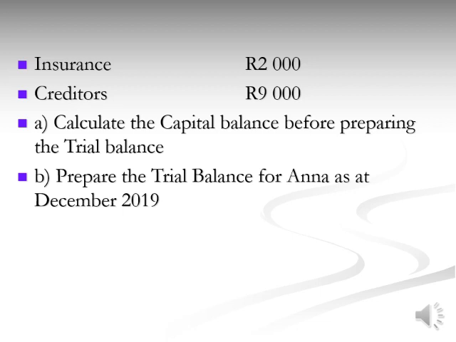It must always be there for any business. So in any trial balance, capital will be there. But if it is not given, then there is a clue that you must use to calculate the capital amount. I'm going to be doing that. Then B is when you will prepare the trial balance for Anna at this particular date.